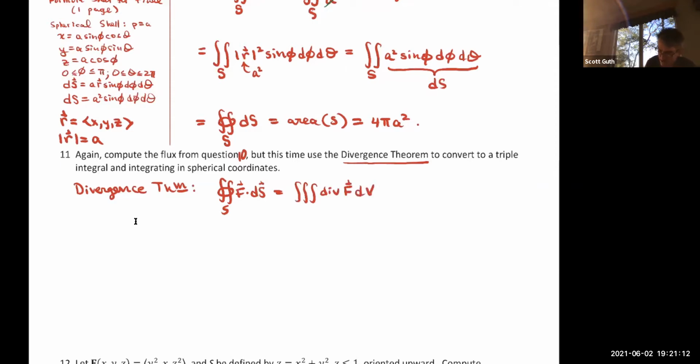Divergence of a field is a scalar function, so there will be no more vectors remaining. I'll do a quick picture of the sphere. The radius is a, the surface is S, the inside is Q.